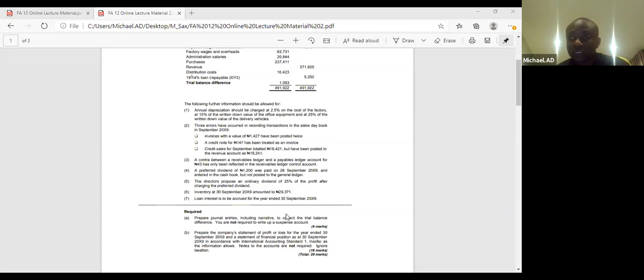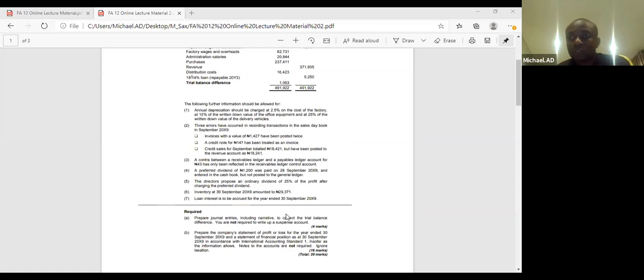It is a credit note, and yet we treated it as an invoice, as if it's revenue. We also need to deal with it. Credit sales that totaled 18,421 have been posted to the revenue account as 18,241. This is an error of transposition that affects the trial balance. Number 3, additional information.